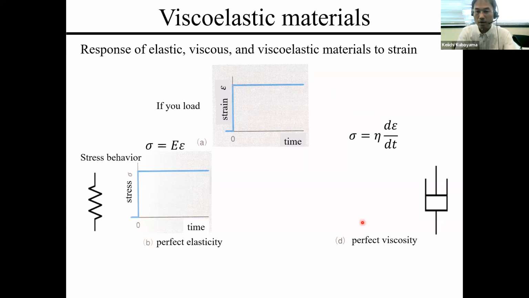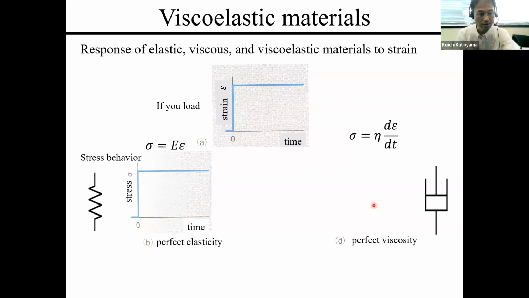Please think about the plot of the stress in the case of the viscous material, and draw the graph in your notebook, or if you don't have a notebook, think about it in your mind.